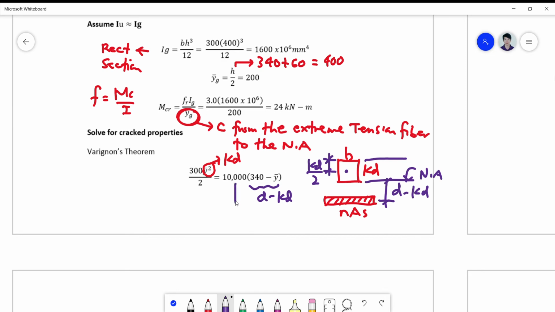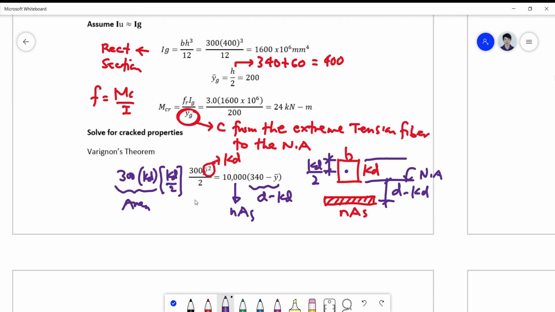Okay, so this is the d minus kd there, and this is the area, okay, nAs, while this part here is actually 300 times kd times kd over 2. Okay, so this is the area and this is the distance from the centroid. So it will come up to 300 y bar squared all over 2.